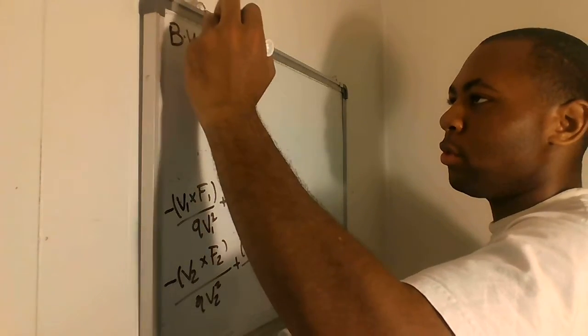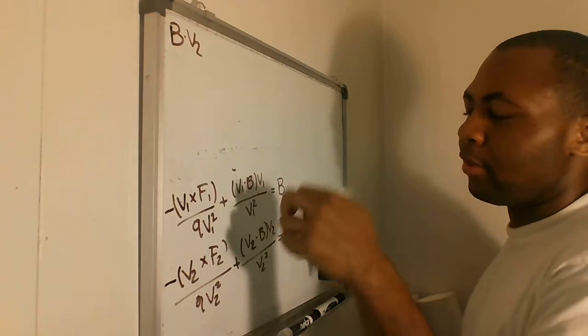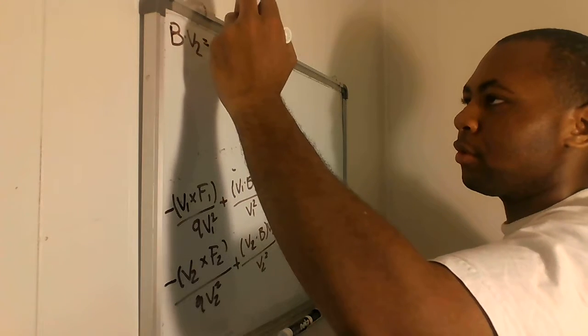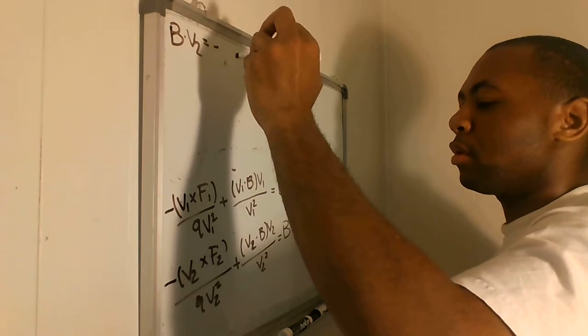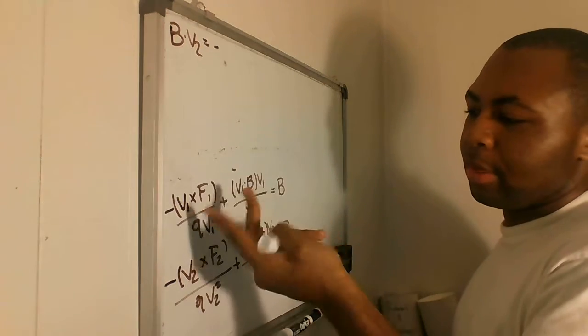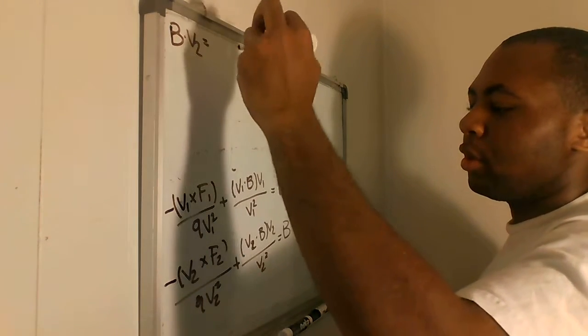B dot V2, well, B of V1 dot V2 equals minus. We can get rid of the minus by switching the directions of the cross product.